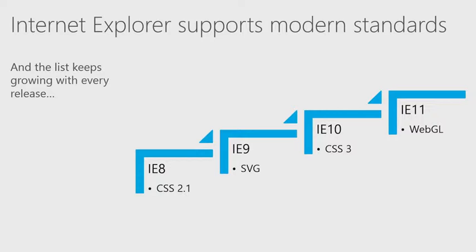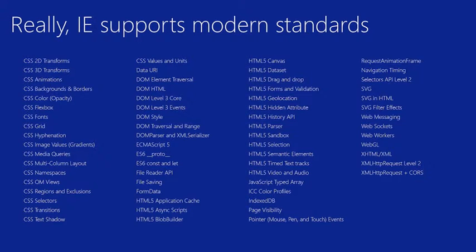But this is about more than just a couple of features every release. Over the past few releases of IE, an enormous amount of standards-based APIs and behaviors have been introduced into the platform. A lot of this was started with IE9, continued to be built upon with IE10, and in IE11, in addition to adding 3D support with things like WebGL, we continue to expand on other areas in the platform with support for features like __proto__ from ES6 and HTML5 dataset.